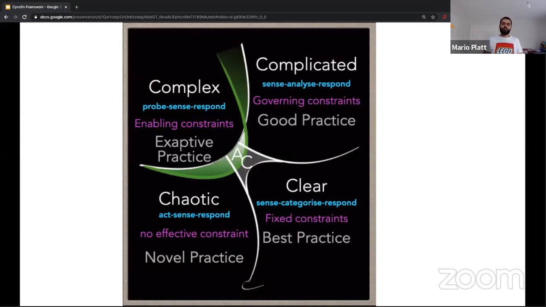And this is also the domain of best practices. The classic example that Dave Snowden usually talks about is how even a clear system should allow for exceptions if they're properly constructed. For instance, driving in our lane in any country.